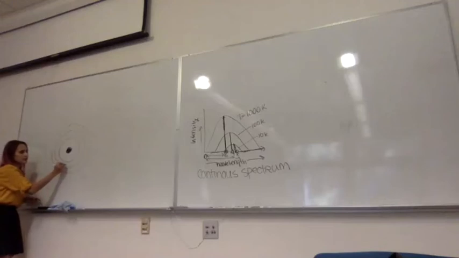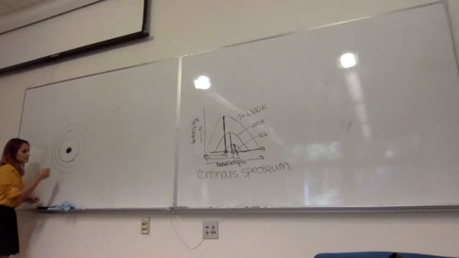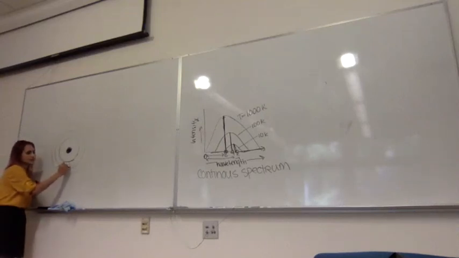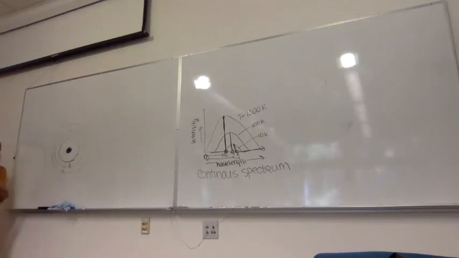It can't be going around in here; it has to be going around in here. It takes a specific amount of energy for it to jump from here to here, or from here to here. And that energy can come from light. We talked about photons, which is basically just a little piece of light.